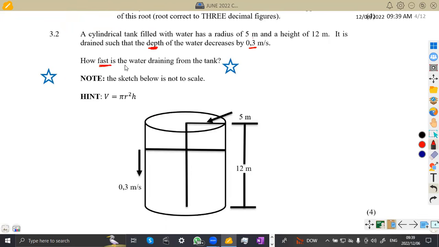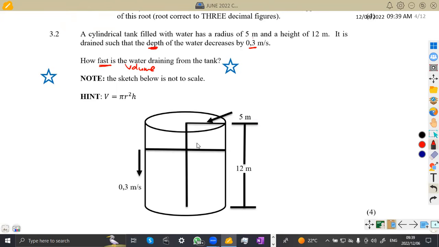Now we are referring to the volume of the whole water that we have, the water that is in the tank. At what rate is it draining, or at what rate is it decreasing?